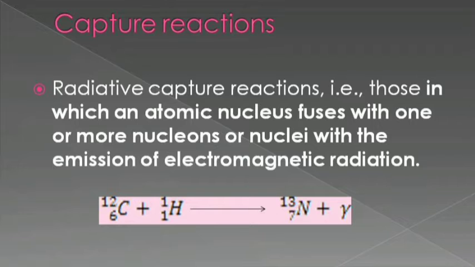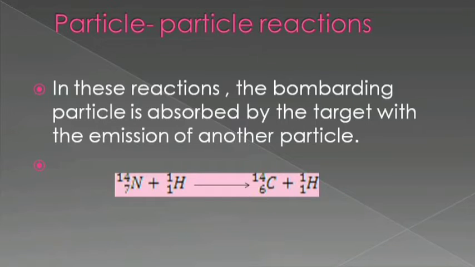Capture means the bombarding particle is completely captured by the atomic nucleus, and both are fused. Emission of gamma radiation or any electromagnetic radiation takes place. It is called capture reaction.